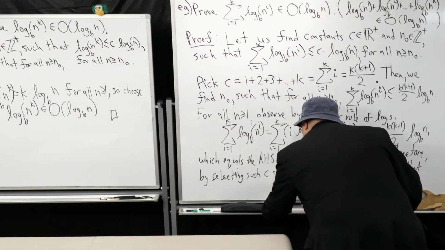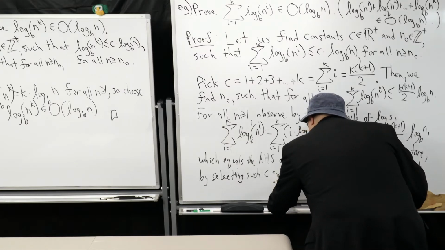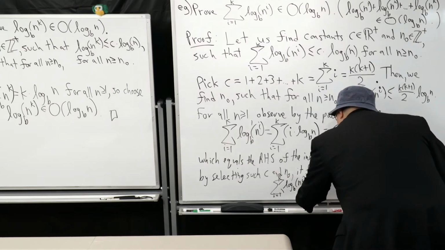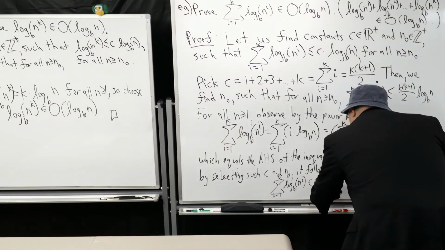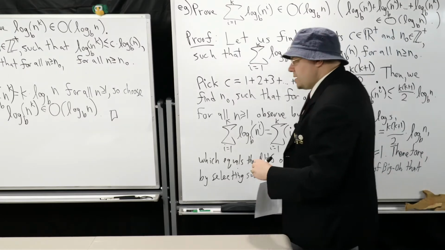The sum from i equals 1 to k of (log base b of n) to the i is big O of log base b of n. And we're done.